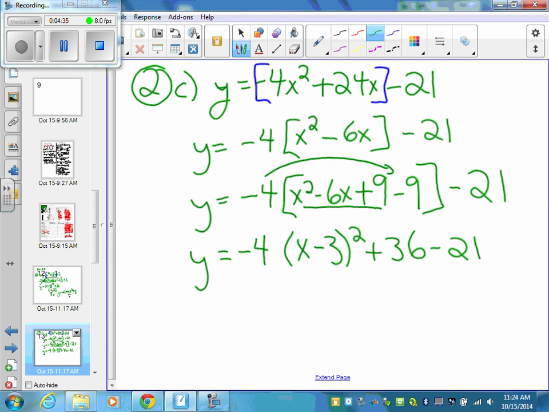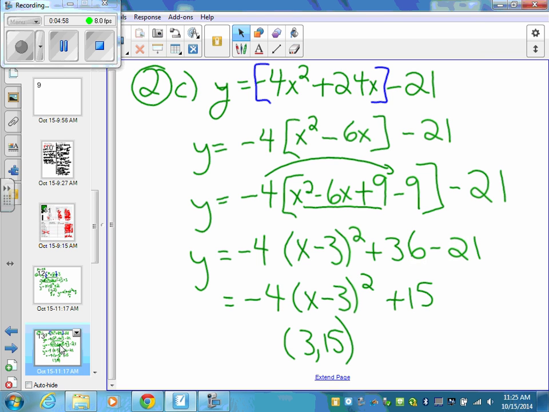Subtract 21, just carrying that down. Negative 4 times x minus 3 squared. 36, I give 21 of it away. I'm left with 15. My vertex is going to be 3 and 15 for my final answer.